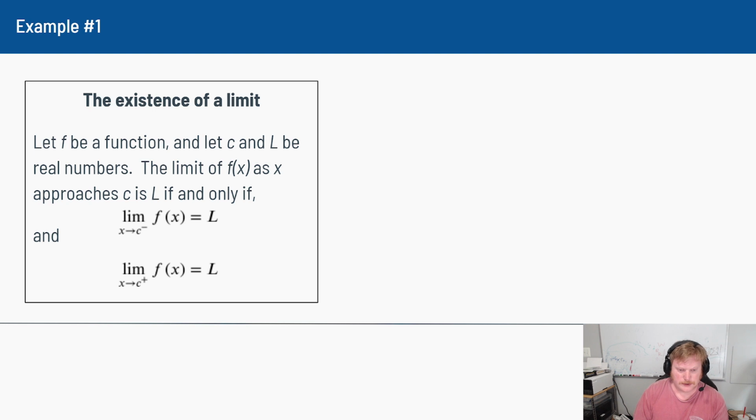And so, as you can see here and here, these two pieces of notation, the small minus sign and the small plus sign, indicate a direction that the limit is being taken from. So the small minus sign indicates that the function's limit is being evaluated from the left.